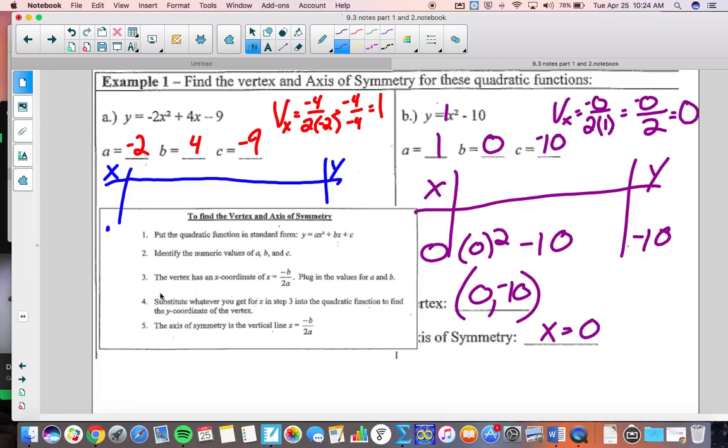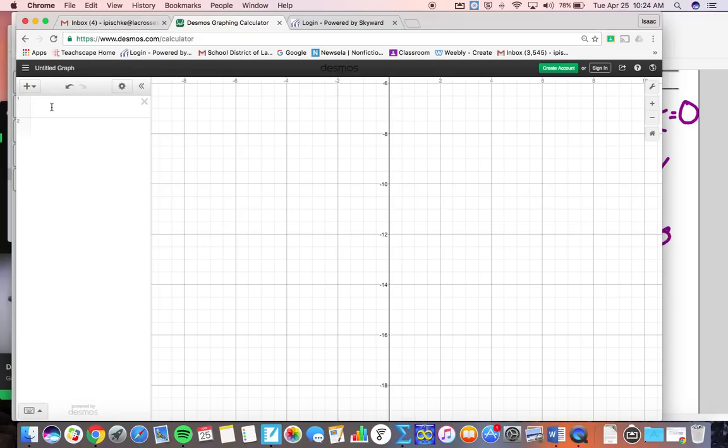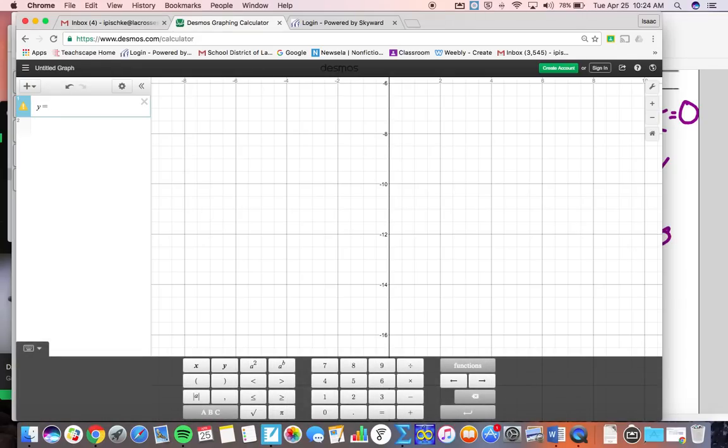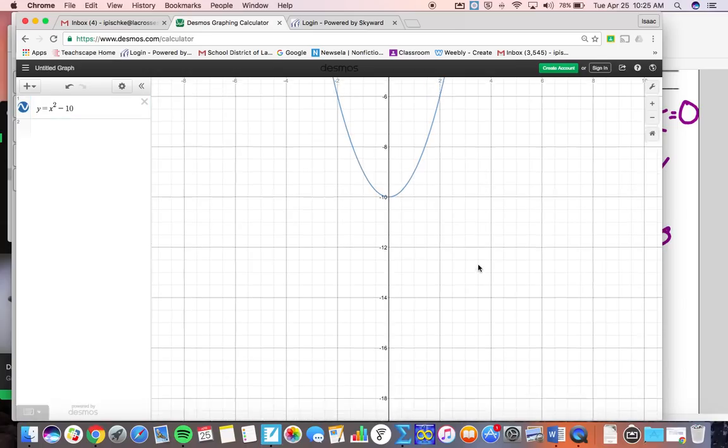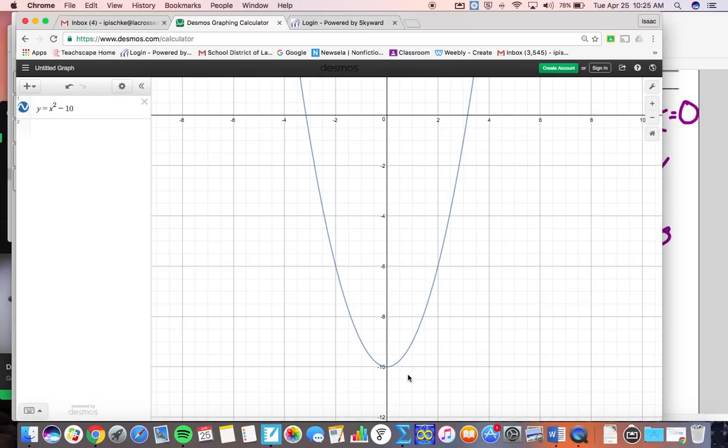Let's see how that works. Let's go back to Desmos. And I'd encourage you guys to practice with this. You got to know how to do this skill, how to manually calculate this stuff, but then check your answers using Desmos. Sure enough, the vertex is at 0, negative 10. And if I drew a vertical line right through this, it creates an axis of symmetry, and that's at the line x equals 0.